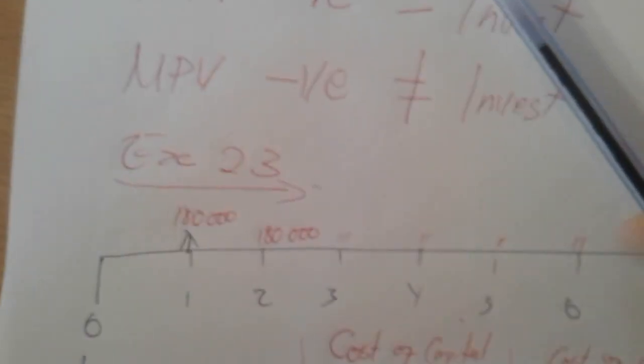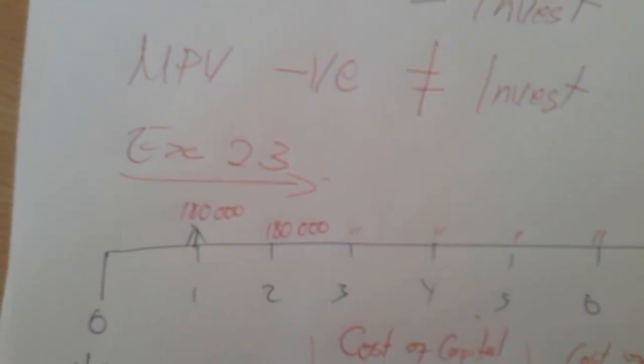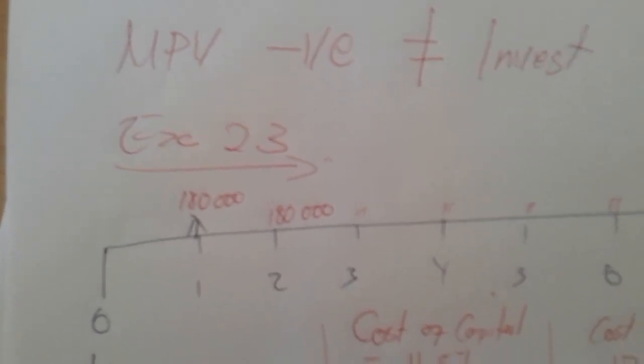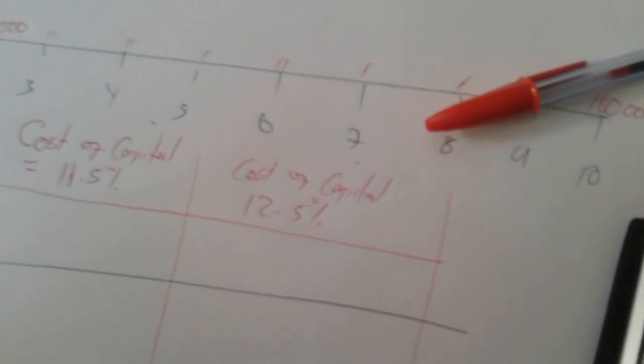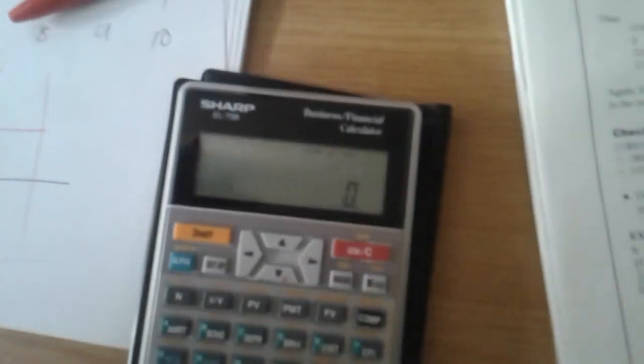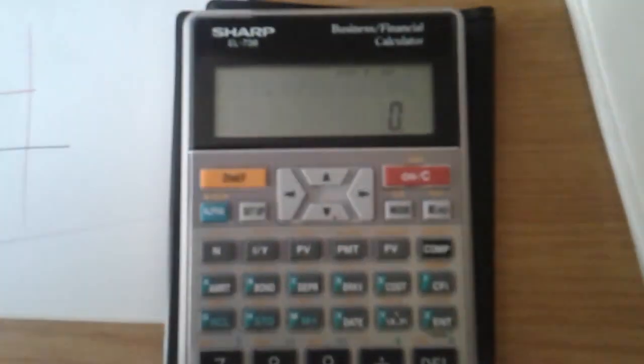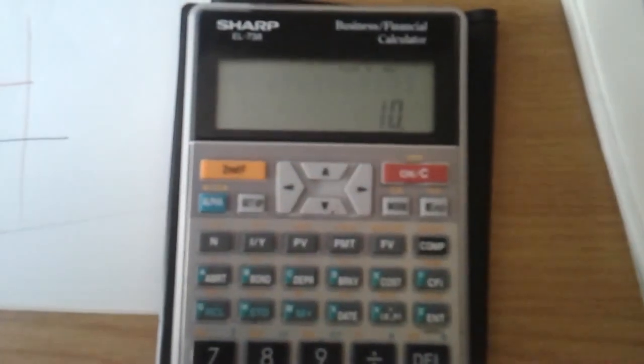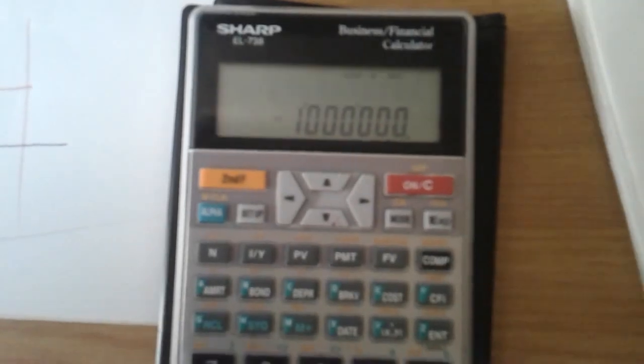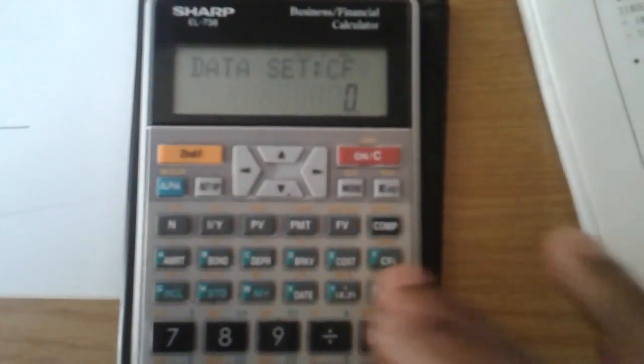All right. So we want to calculate the net present value. Now let's take our calculators as usual. Second function, alpha 0, 0. Okay, 1 million plus minus, enter.